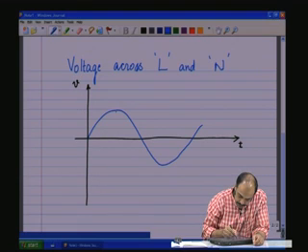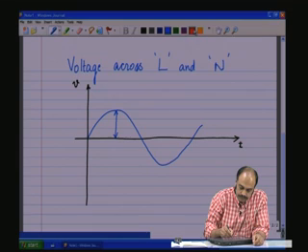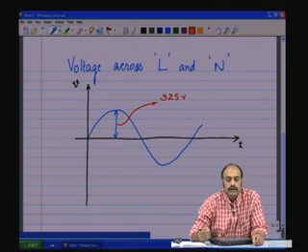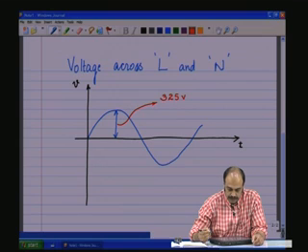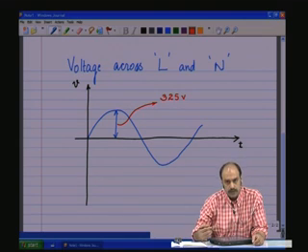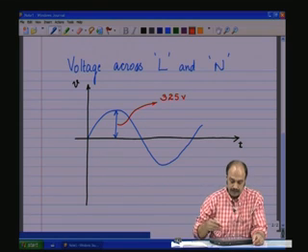In terms of the amplitude, this peak amplitude is 325 volts for our country. This is the nominal value. Of course, there could be some fluctuations about this nominal value.